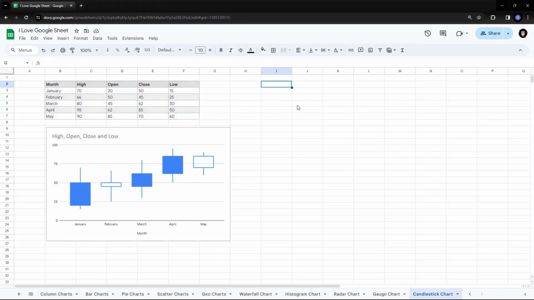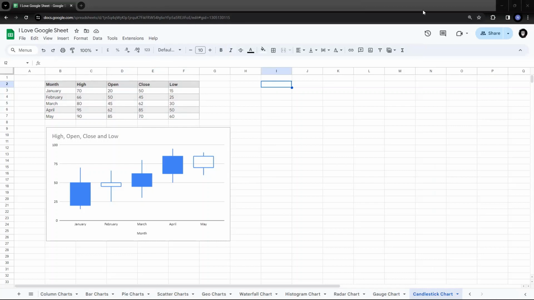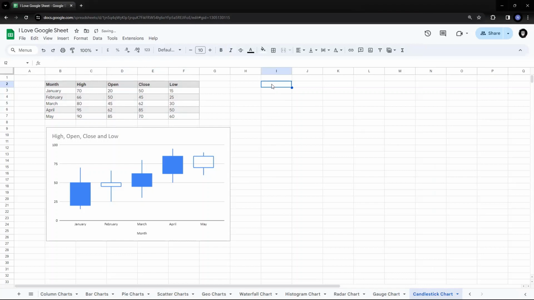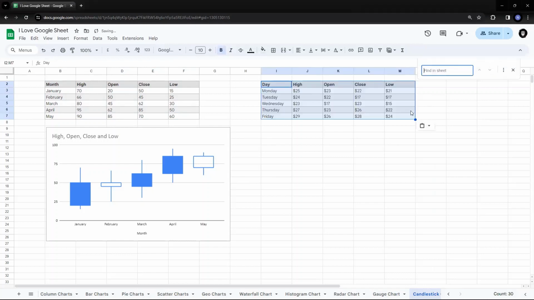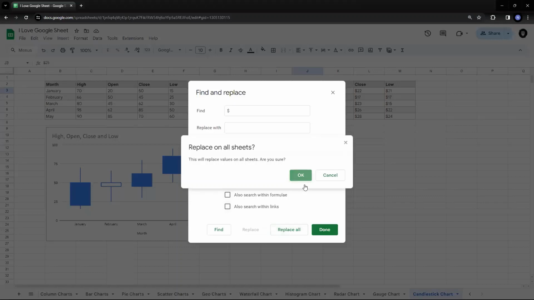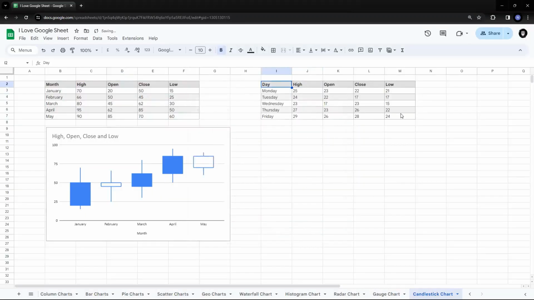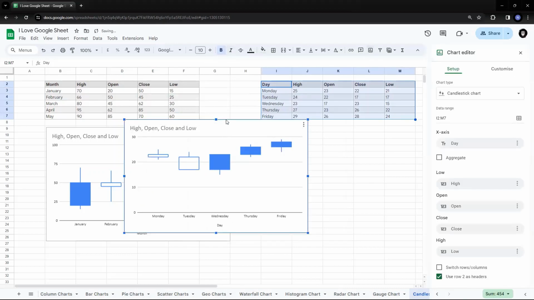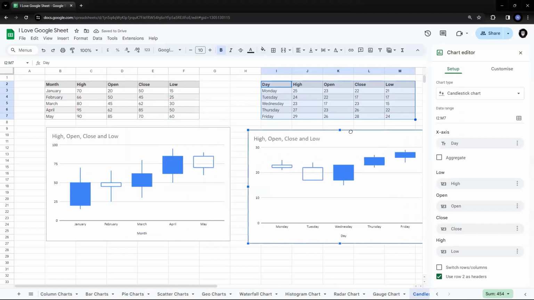Suppose I only have the stock prices, but this time I have them on a weekly basis. I'll just turn it to values. I'll select this data, again the high, open, close, and low values. See, it has automatically taken the candle chart.